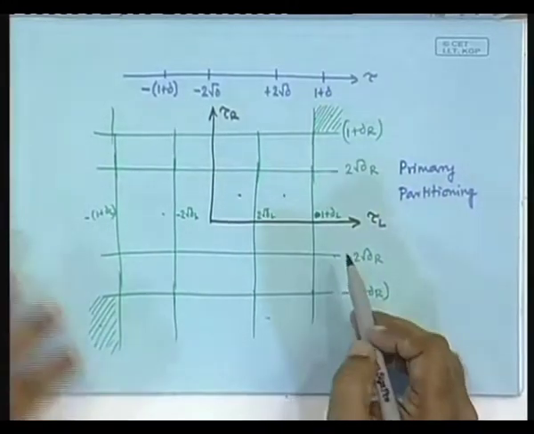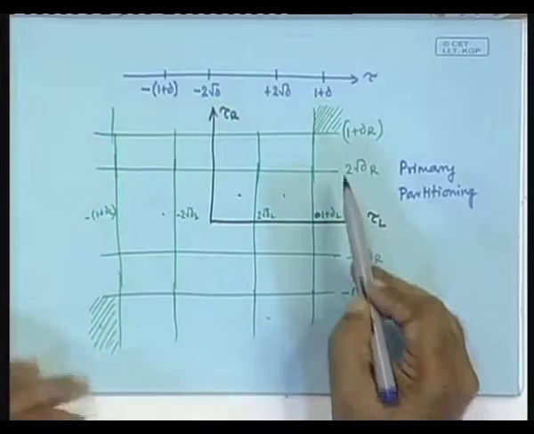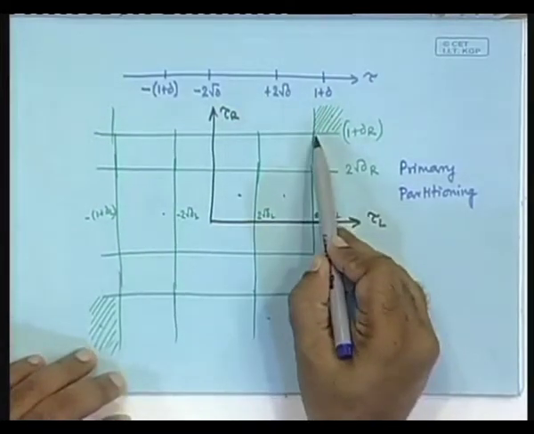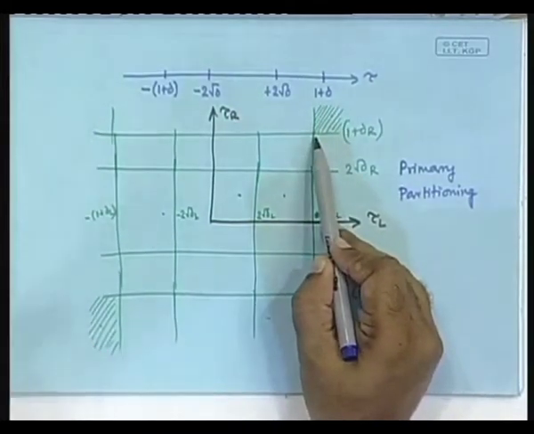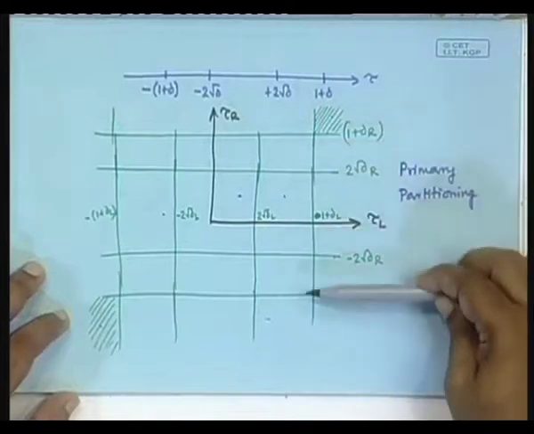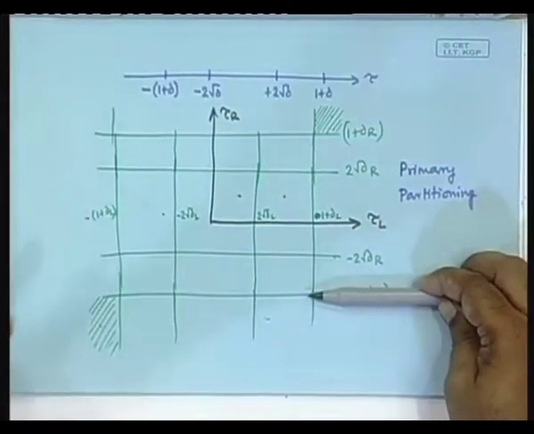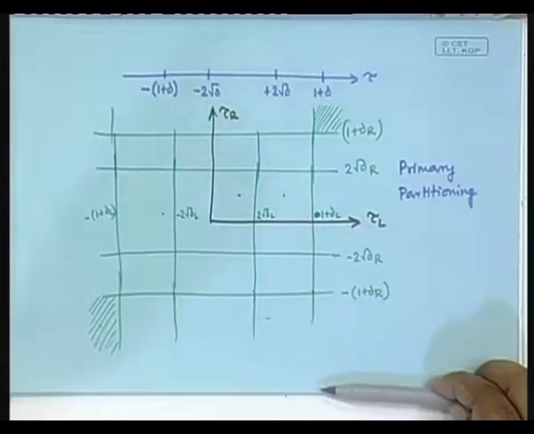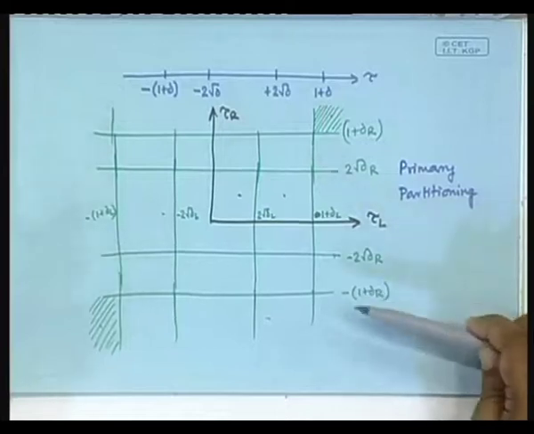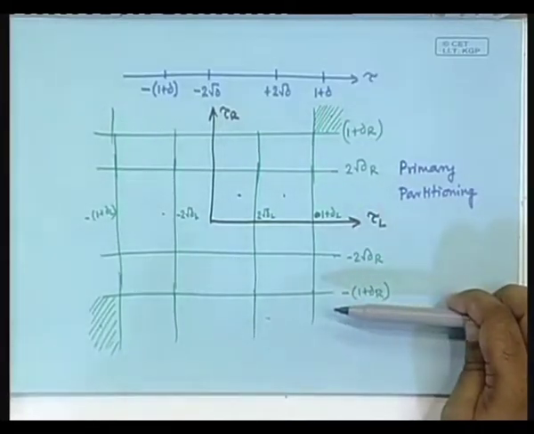Obviously, let us look at the fixed point of the right hand side. If the eigenvalues of the right hand side are such that tau R is between 1 plus delta R and minus 1 plus delta R, then the fixed point there is stable. Okay. But where it is below minus 1 plus delta, it is obviously unstable.